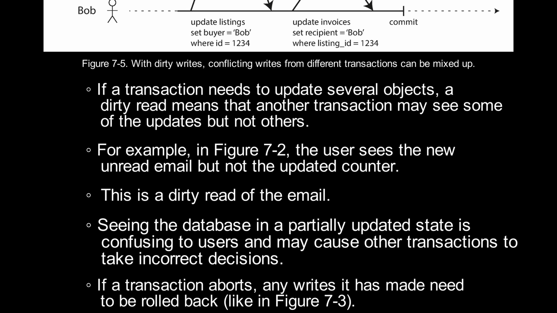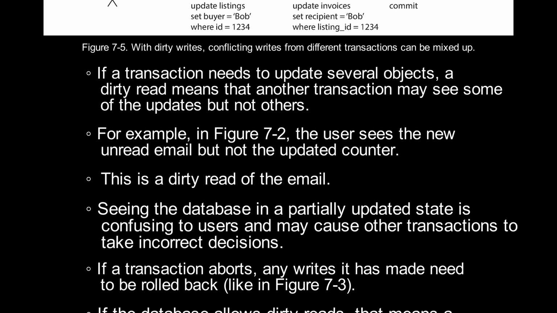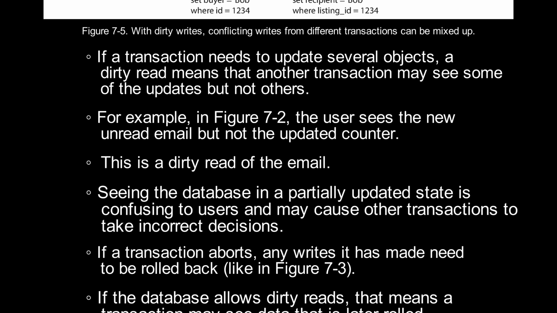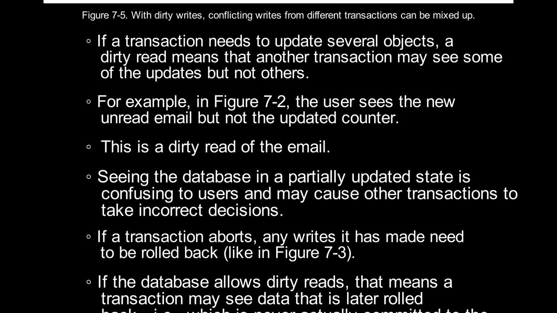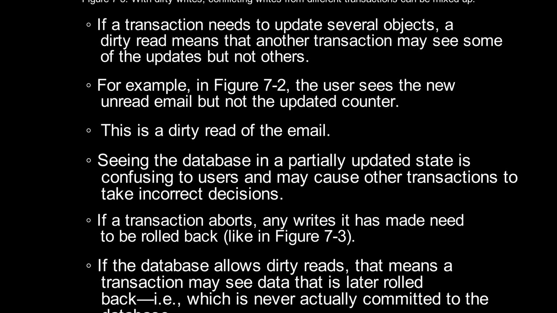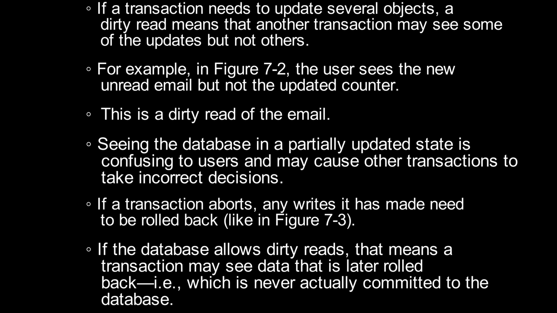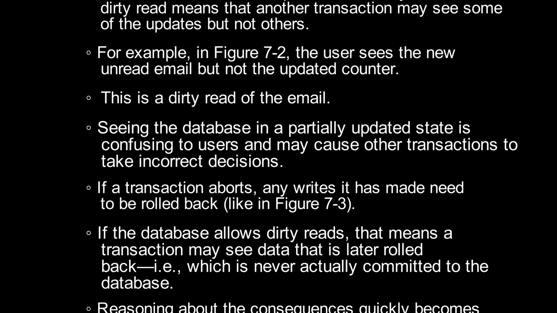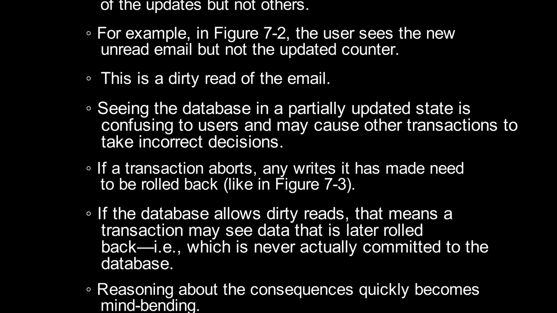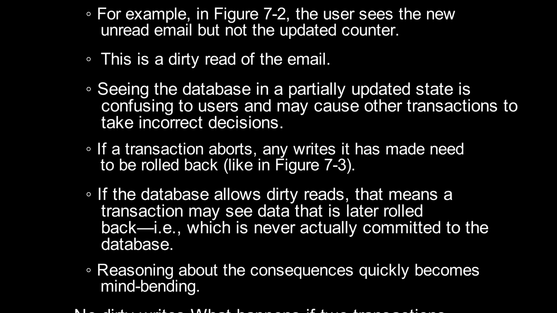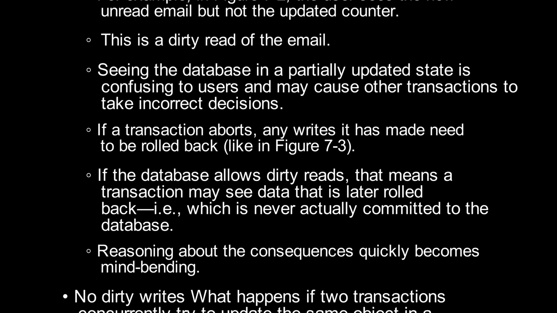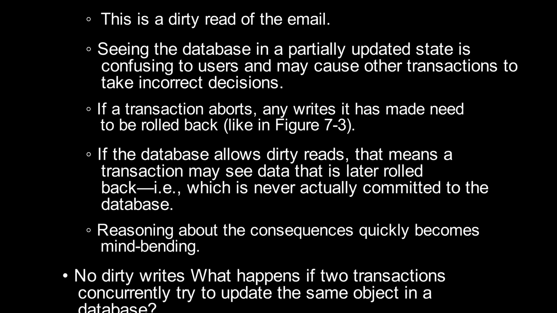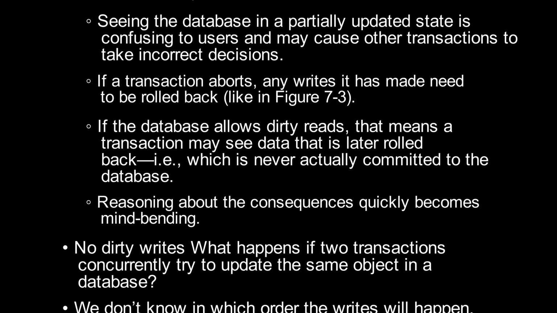Seeing the database in a partially updated state is confusing to users and may cause other transactions to take incorrect decisions. If a transaction aborts, any writes it has made need to be rolled back, like in figure 7-3. If the database allows dirty reads, that means a transaction may see data that is later rolled back, i.e. which is never actually committed to the database. Reasoning about the consequences quickly becomes mind-bending.